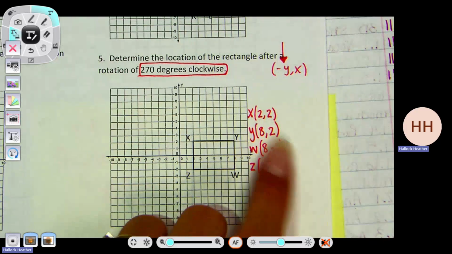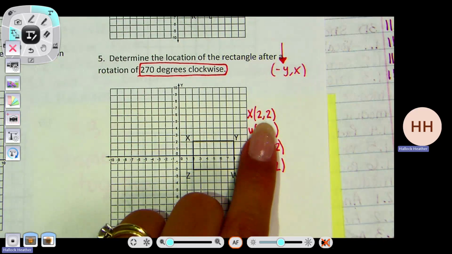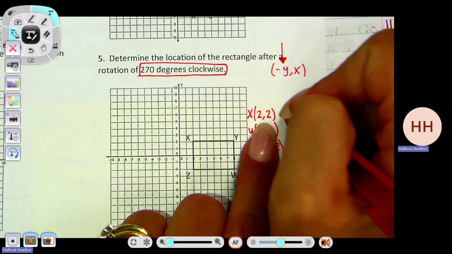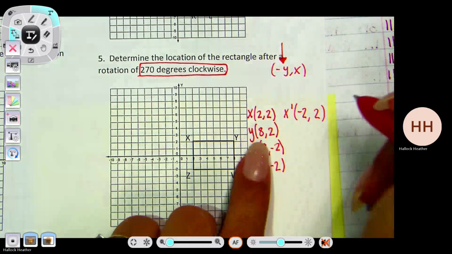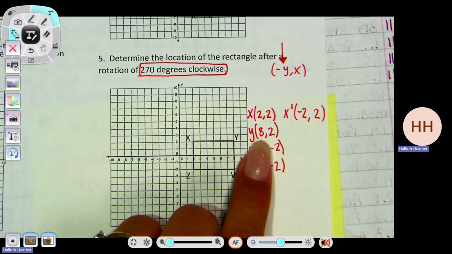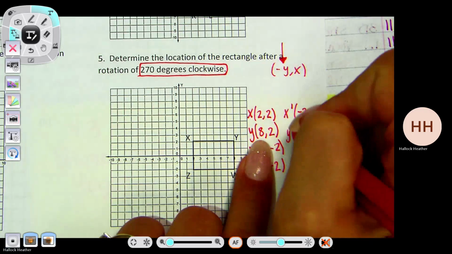So x is pretty simple. Negative 2, 2, because if I flip it, it's 2, 2, and then I just add the negative in the front. For y, I flip it and I add the negative in the front. So negative 2, 8.